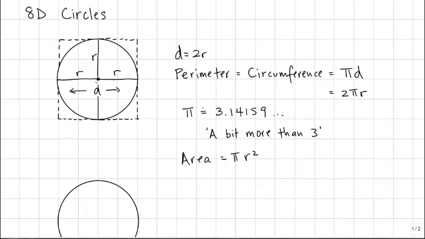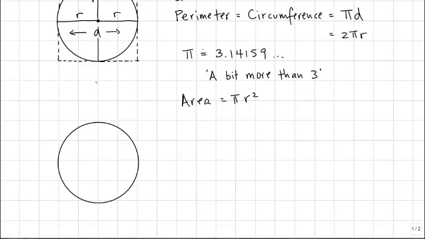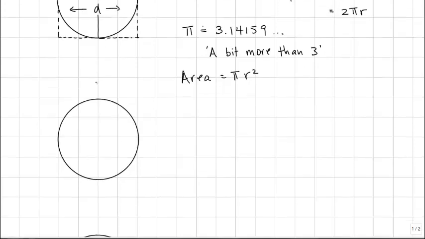Alright, let's take a look at some other properties of circles. So let's imagine we have the center of the circle, and we have 2 radii drawn. The angle formed by those 2 radii is referred to as a central angle.